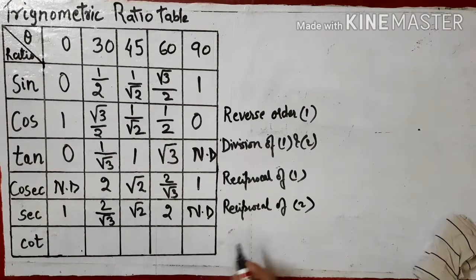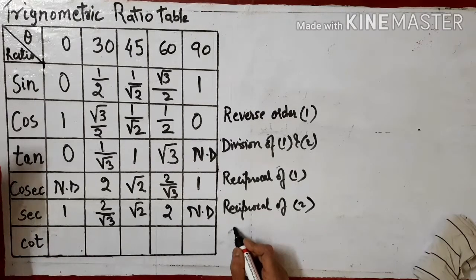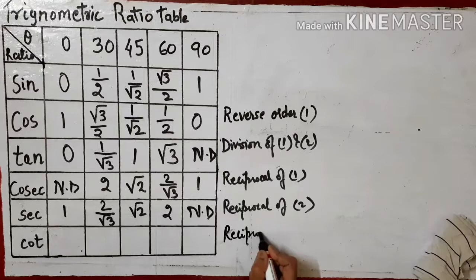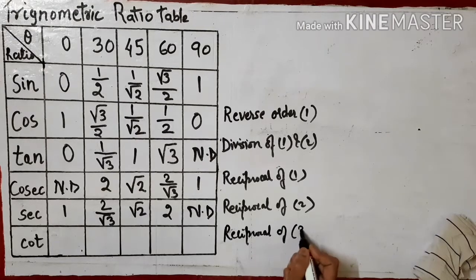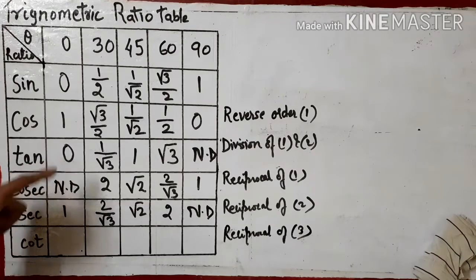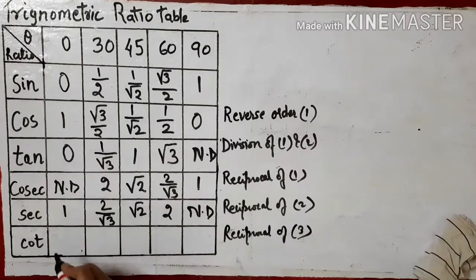And cot will be reciprocal of tan. Either you can do cos upon sine or reciprocal of tan. So cot of 0 will be reciprocal of 0 upon 1, that will be 1 upon 0, which is not defined.